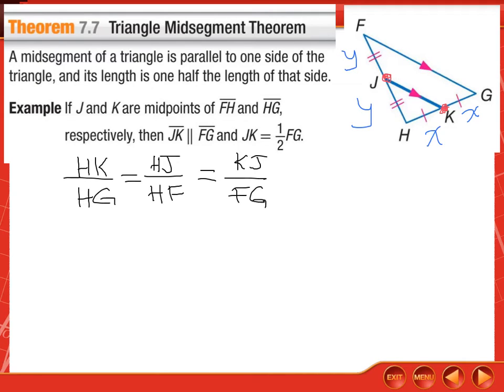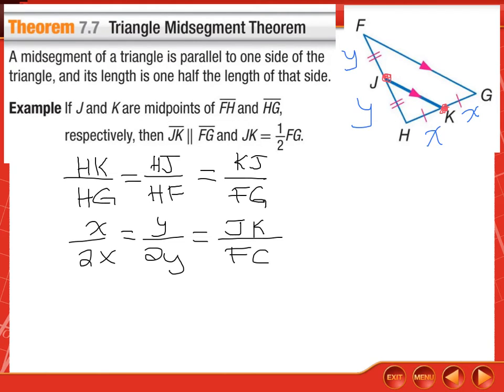So HK, as we've drawn it, is X, and HG is X plus X, or 2X. Over here, we have Y, and the whole length will be 2Y. And we are saying that that is the same as KJ. I'm going to use JK instead here, since that's what was used above, is to FG.